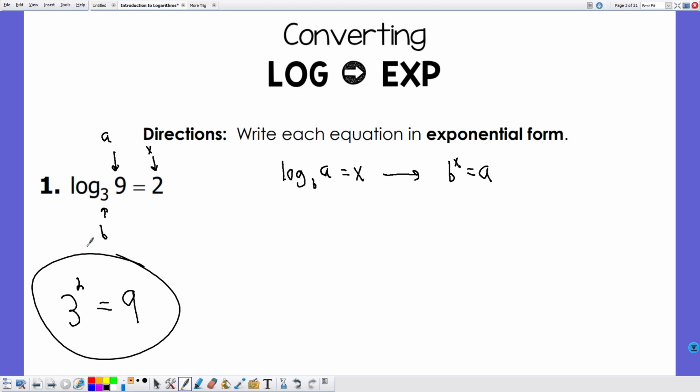It should make sense, hopefully. 3 squared is definitely equal to 9. So log base 3 of 9 is equal to 2. AKA, what power of 3 is equal to 9? 2. That's a way you can think about it.